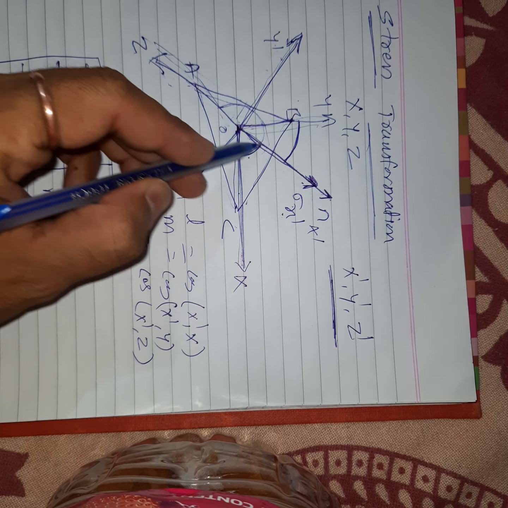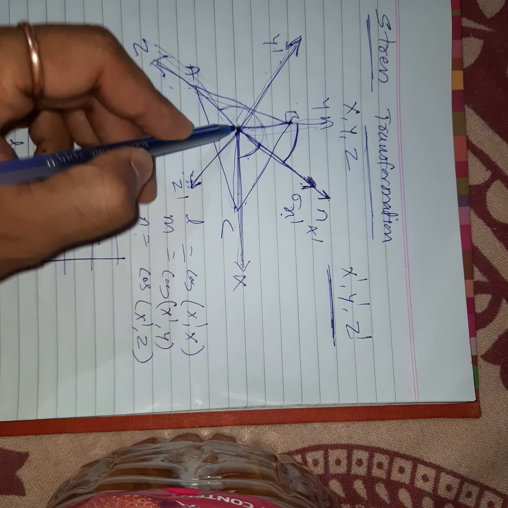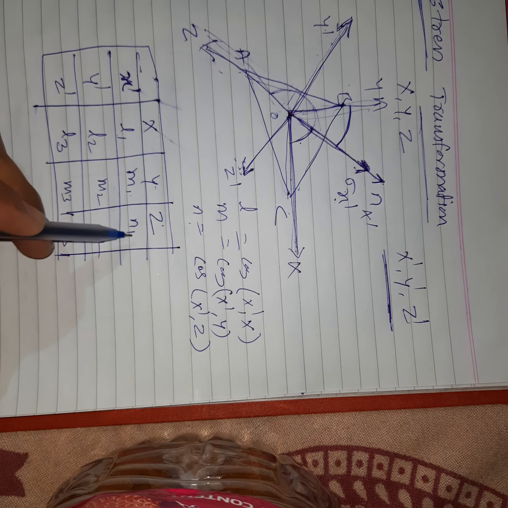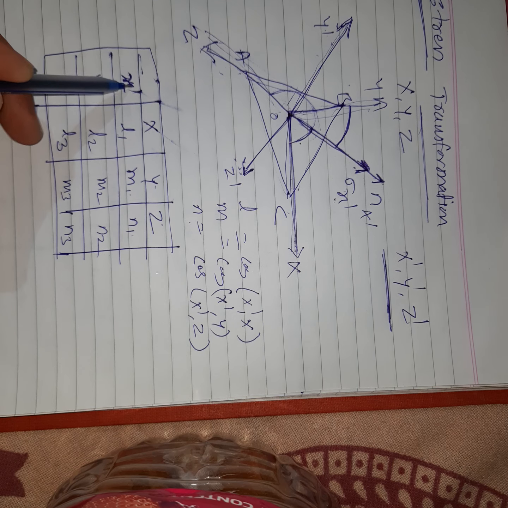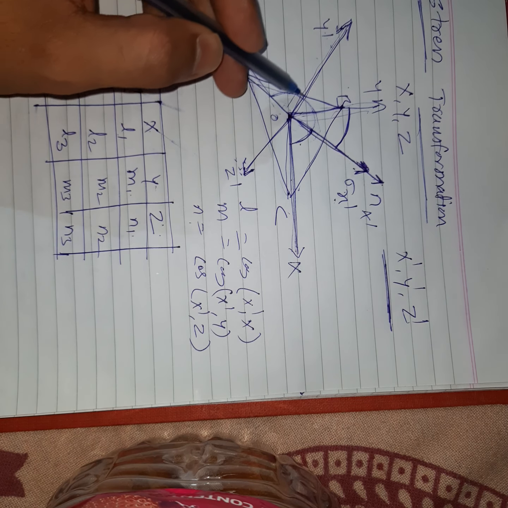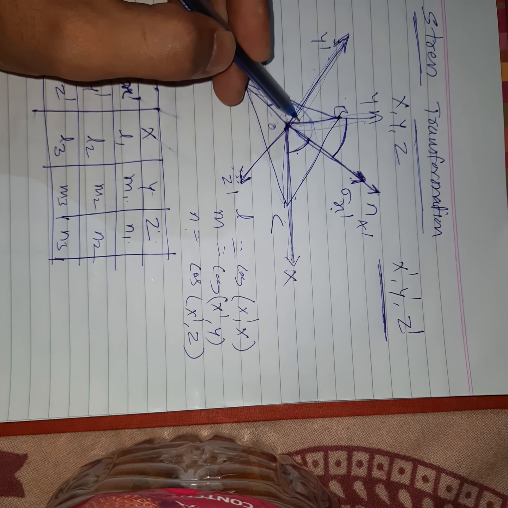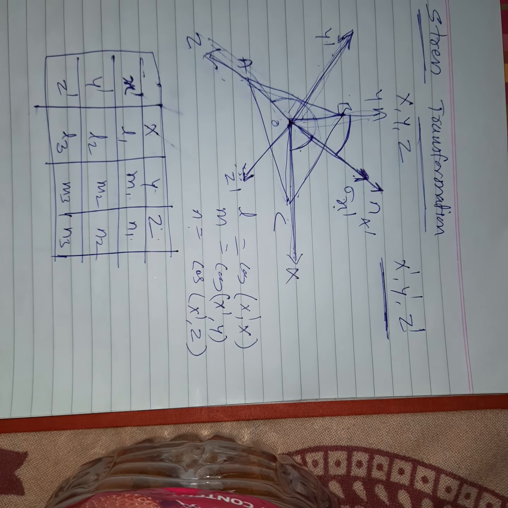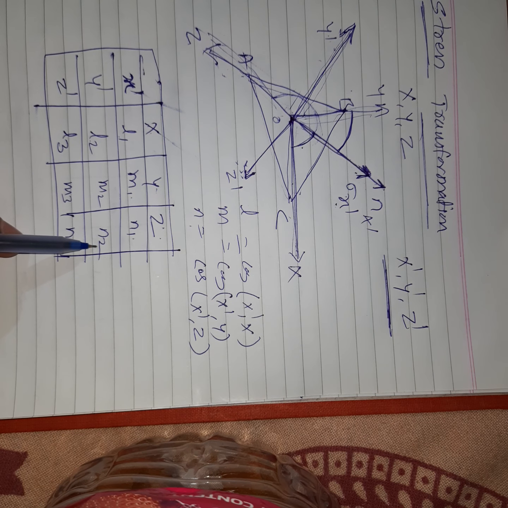So for this x dash I can calculate the direction cosines l1, m1, n1, meaning x dash with respect to x, y and z. Similarly for y dash, another oblique plane, the new direction cosines with respect to the x, y and z axes are l2, m2 and n2.